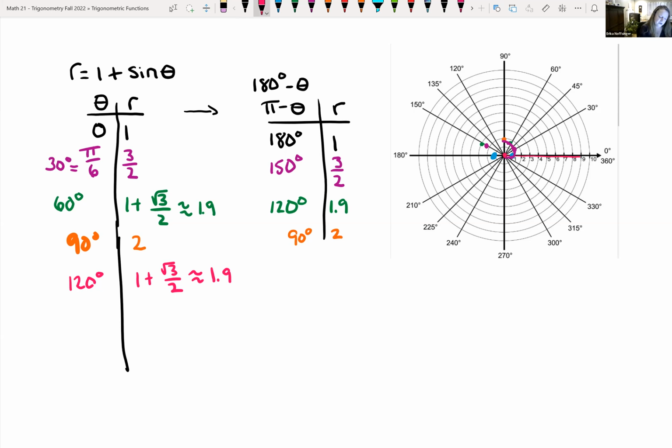So at 120 degrees, we have about 1.9. So 180 minus 120, that's 60 degrees, which we already had. Do we have that? Thought we did. Yeah, which is 1.9.